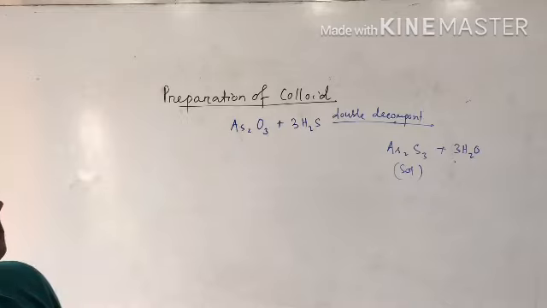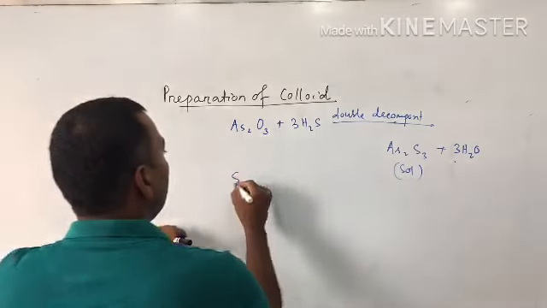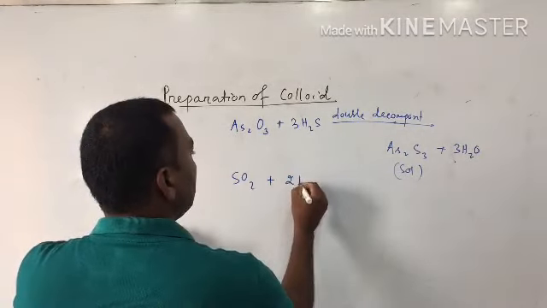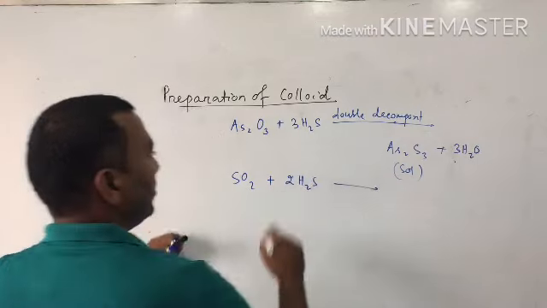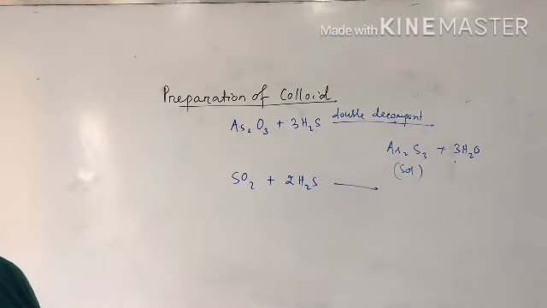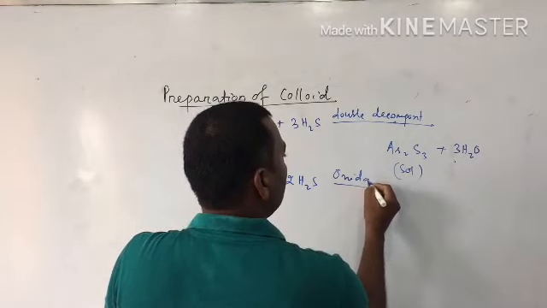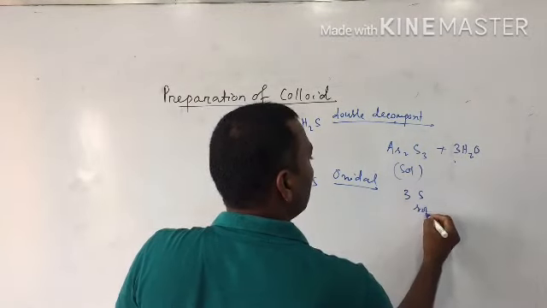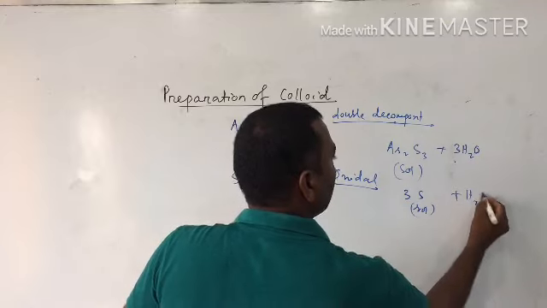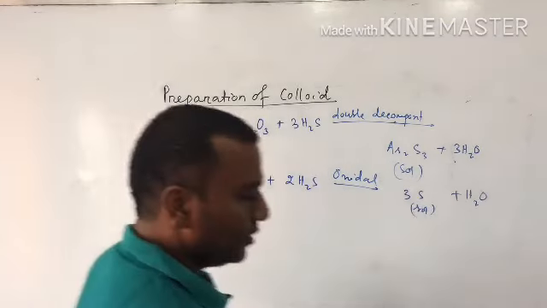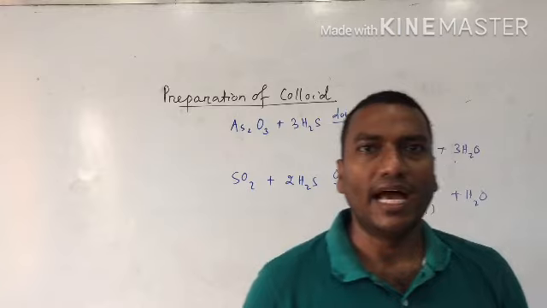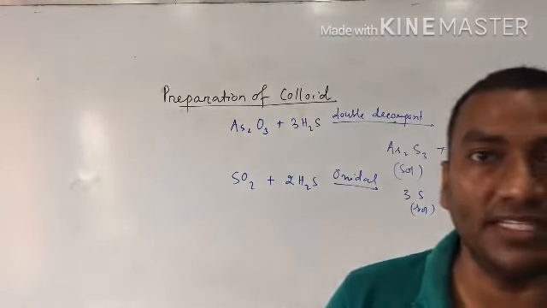Similarly, another one is SO2 + 2H2S, by oxidation, which gives rise to sulfur sol plus water. Suppose a question comes like this: how can sulfur sol be prepared easily?